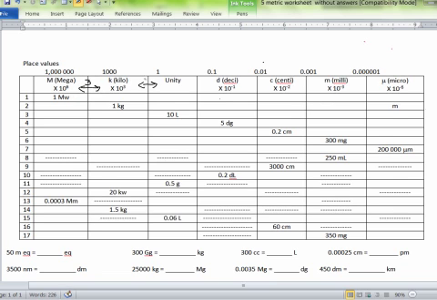There are 3 positions between kilo and unity. There is 1 decimal place between unity and deci, 1 between deci and centi, 1 between centi and milli, and 3 between milli and micro. If you're going in this direction, the unit is getting smaller, so the number will get bigger.